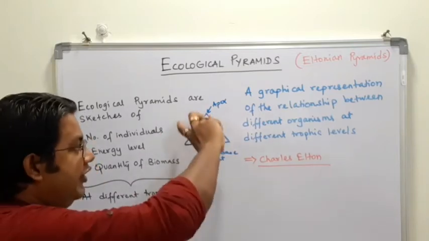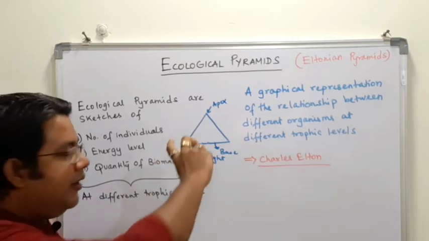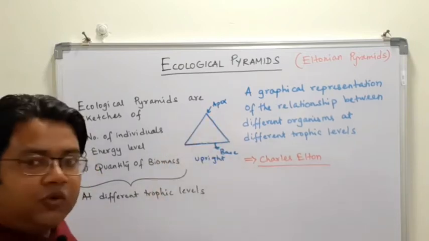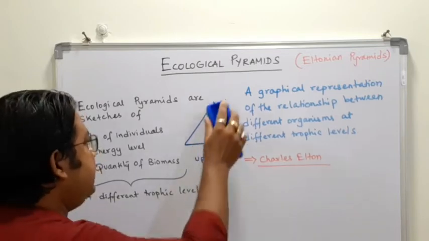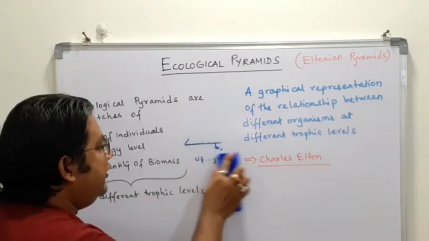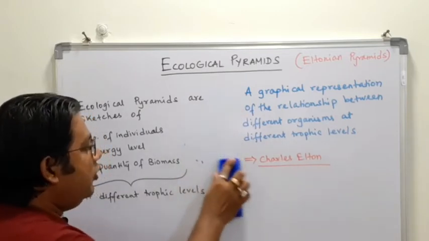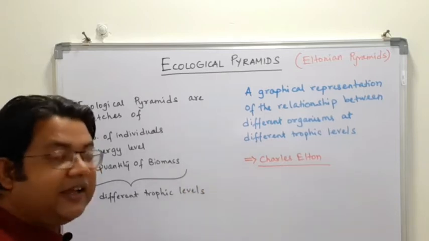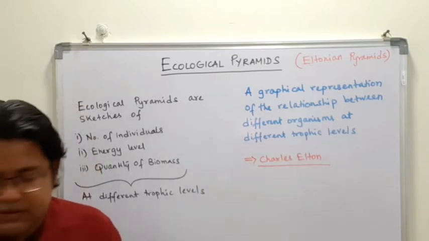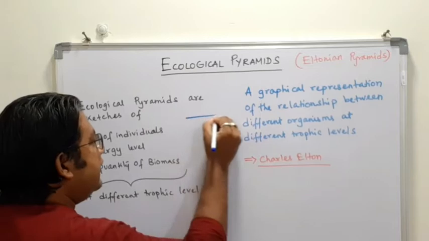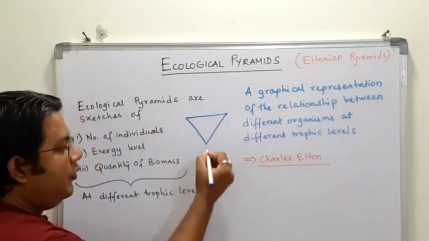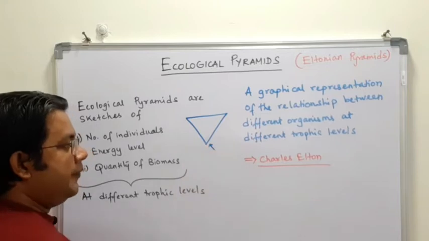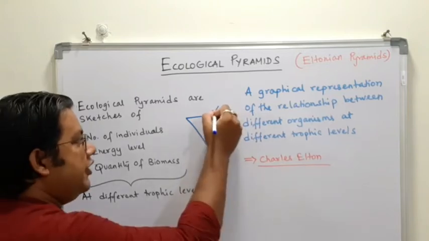Now if you invert this pyramid, how will the pyramid look? Okay, so I will just clear this portion and I will draw the pyramid. If you invert that upright pyramid, the pyramid will look something like this. Now you will find the apex over here and the base over here.